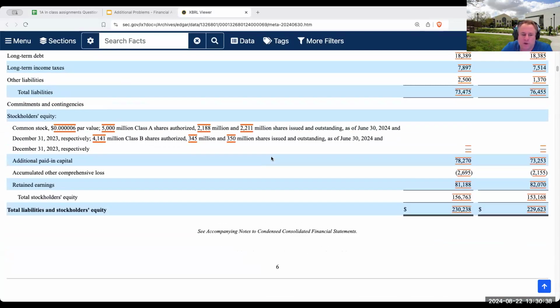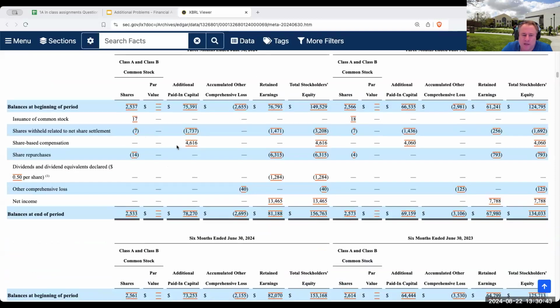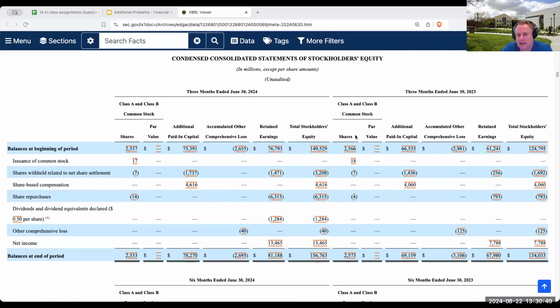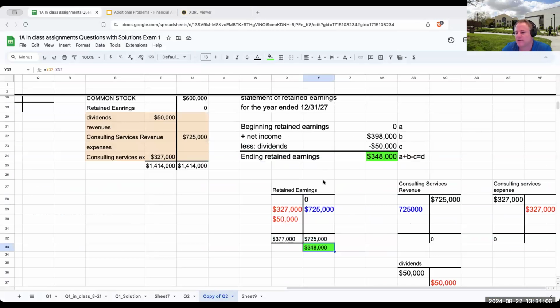And just to look at this really quickly, okay, here we go. As you see over here, this is what we call a statement of shareholders' equity. Retained earnings is embedded in this. But if we see over here, net income minus the dividends, plus the balance of retained earnings at the beginning, gives you the balance at the end, but we're doing it in a much more simplified fashion.